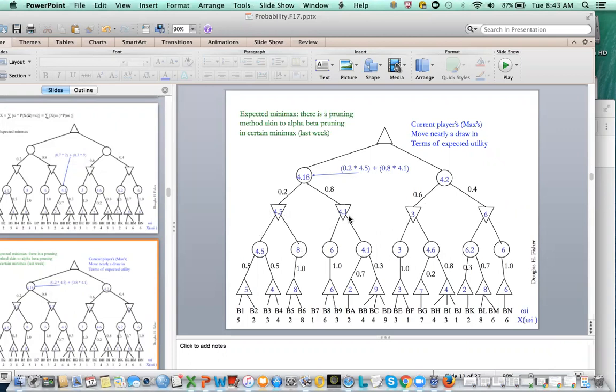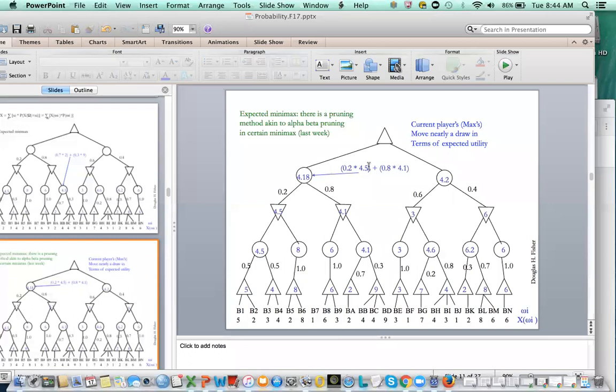And then from that, we're going to generate in the leftmost child, or the left child of the root, an expected value of 4.18 for that node, because that is the expected value given a probability of 0.2 times the value of 4.5 plus the product of a probability of 0.8 times the expected value of the rightmost child of 4.1.